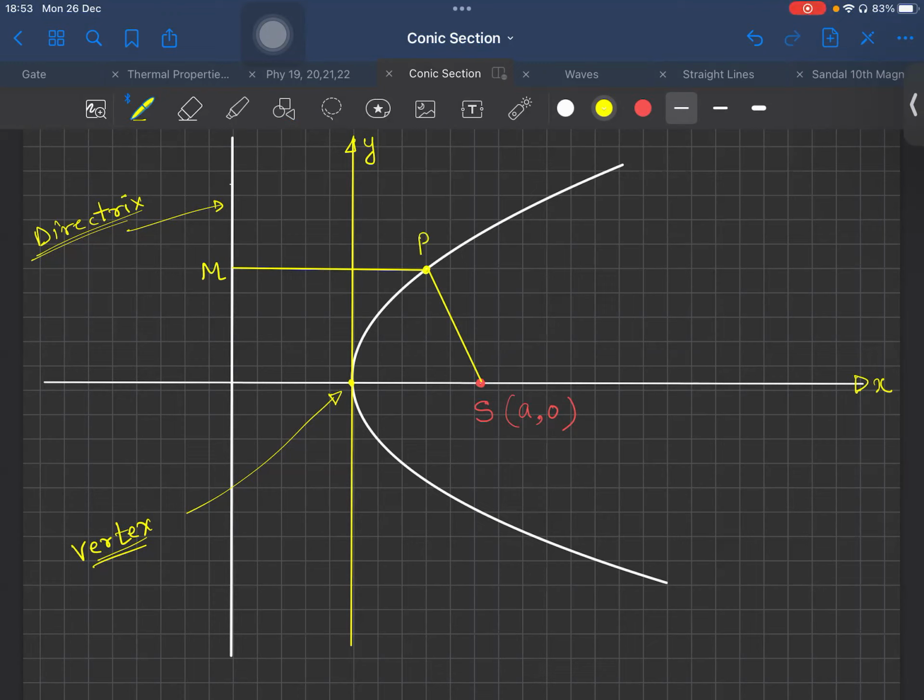So the ratio PS upon PM is equal to 1. It should always be equal to 1. Okay, that means the eccentricity of a parabola is 1. So PS should always be equal to PM. Then only it will trace a parabola. Otherwise, it will be some other section. Okay, it has to be constant to trace a particular curve.